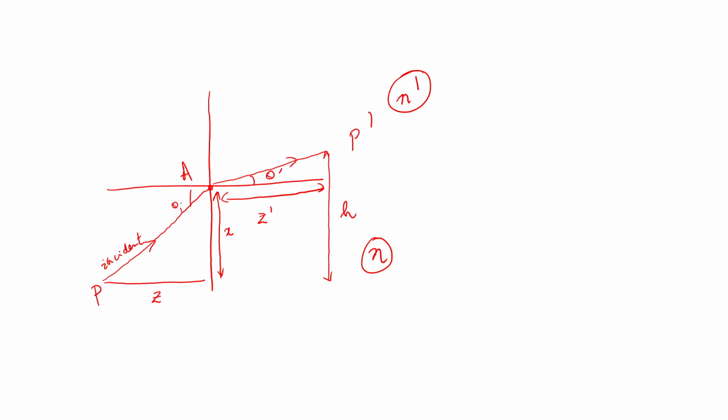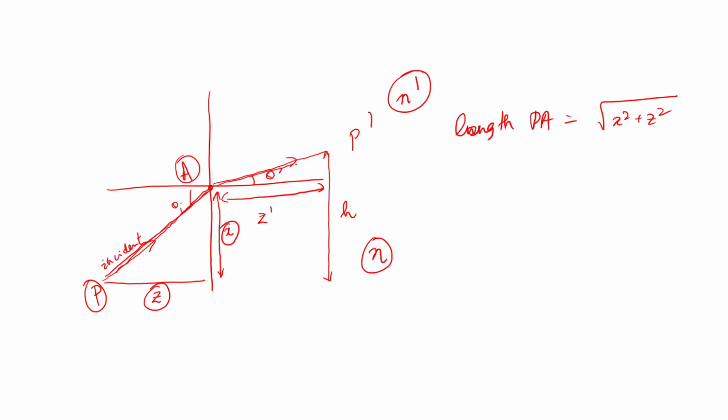So to calculate the total amount of time, let's see, I need to go from P to A. So first let me calculate the length P to A. That would be simply this hypotenuse. So here the opposite side is X, this side is Z. So that length is simply the square root of X square plus Z square.